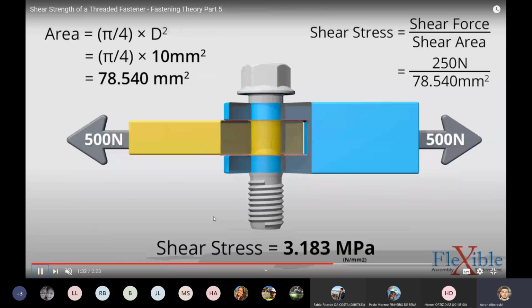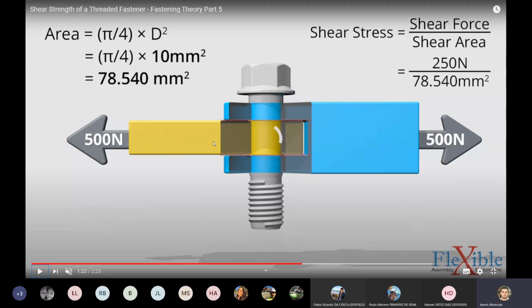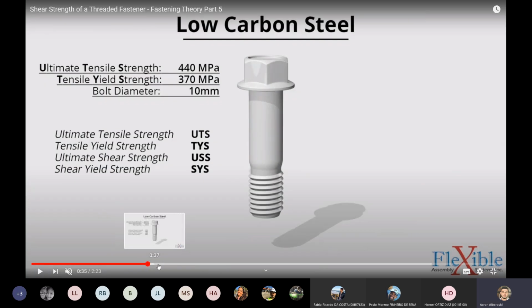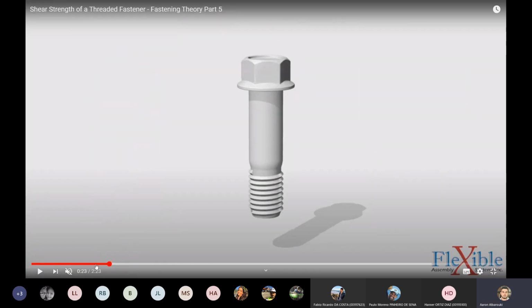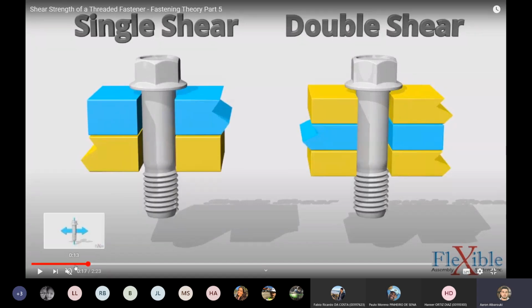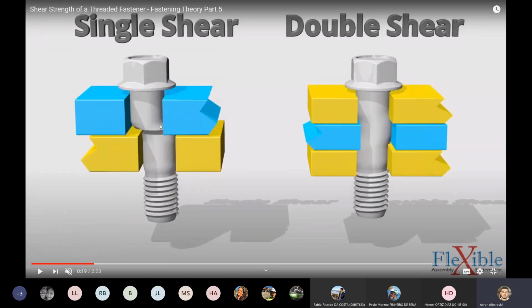Regardless, that's just trying to show the calculations. The point I want to make is, let's take a simplified example with one shear plane only. If I go back to this arrangement here, on this bolt, on the left-hand side, let's say the force applied here is 500 newtons.